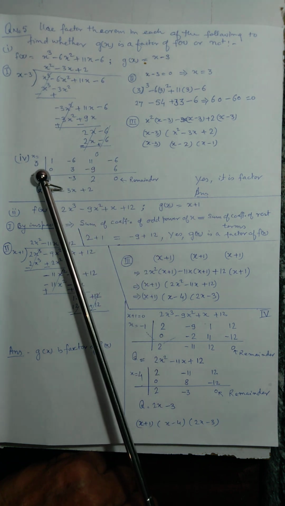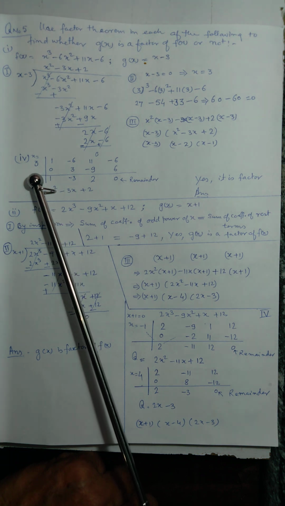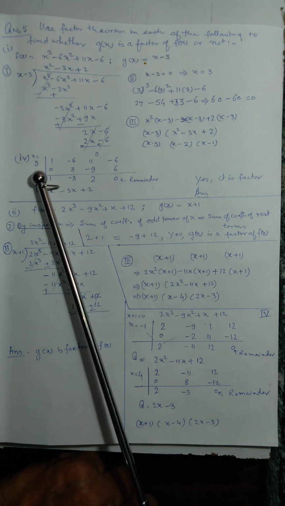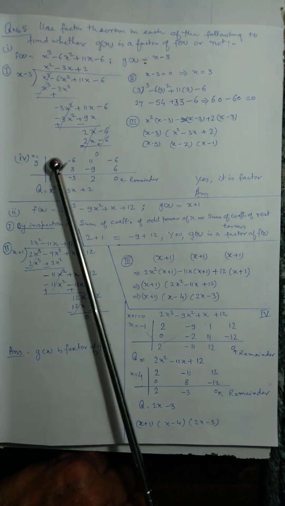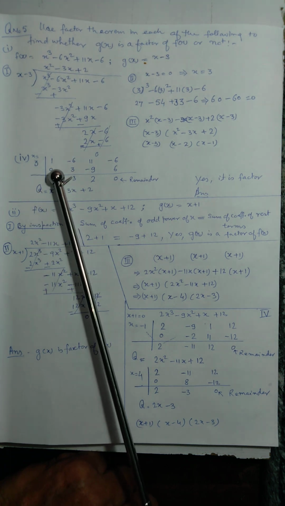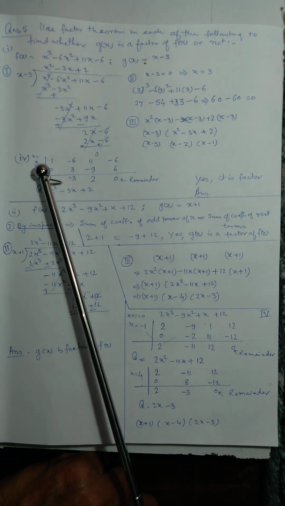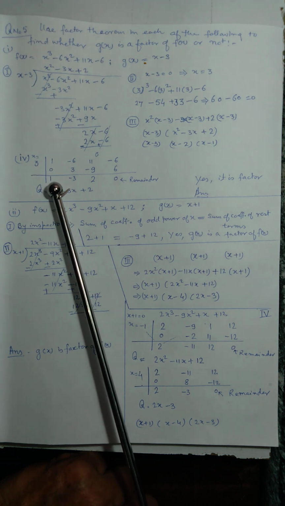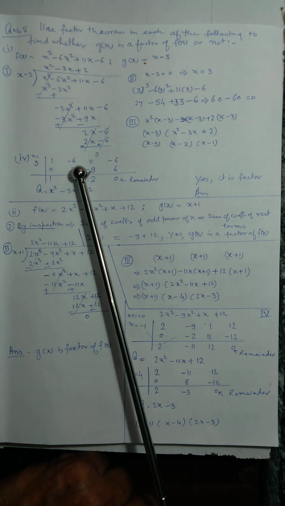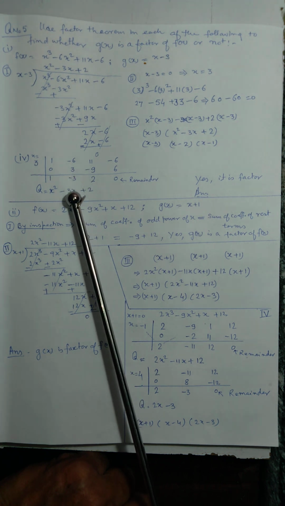Now x minus 3 equal to 0, so x will be equal to 3. Put it on the left hand side of this expression. First of all you put 0 and add it. You will get 1. Now multiply 3 by 1 and put it just below minus 6 and add it. You will get minus 3.